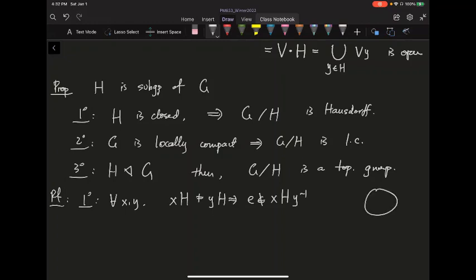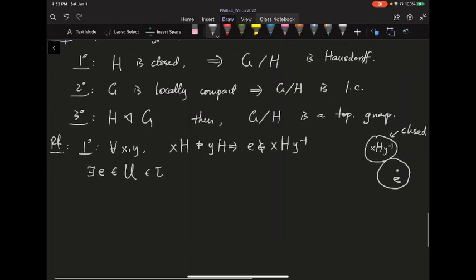So you have something like xHy inverse, and you have the identity here. Because the identity is away from that, and this set is closed, its complement is open and the identity is in there, so you can find an open neighborhood. So there exists an open neighborhood U in your topology such that U intersect xHy inverse is equal to empty. And once we have this open neighborhood, I can make something even better.